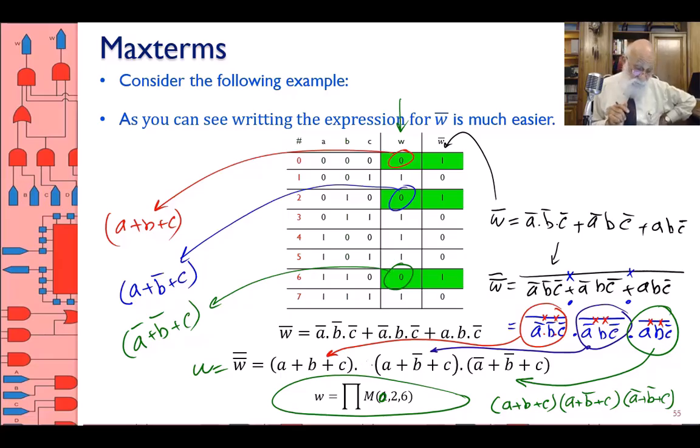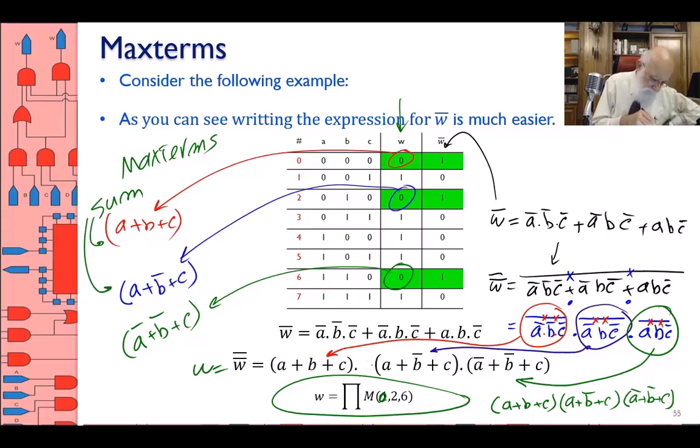Let's do the definitions. So we have already seen that where you have zeros in your truth table, now these are called max terms. This is a sum term, this is a sum term, this is a sum term, this is a sum term. What you have is sum of products.